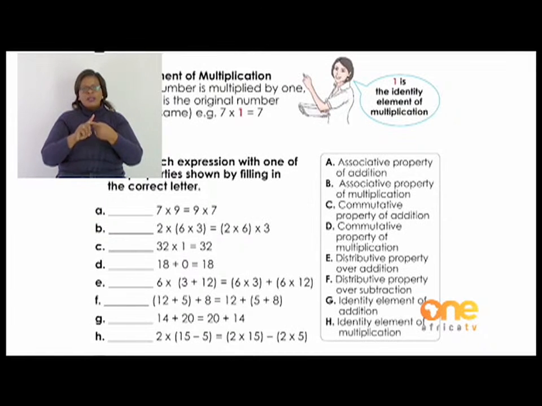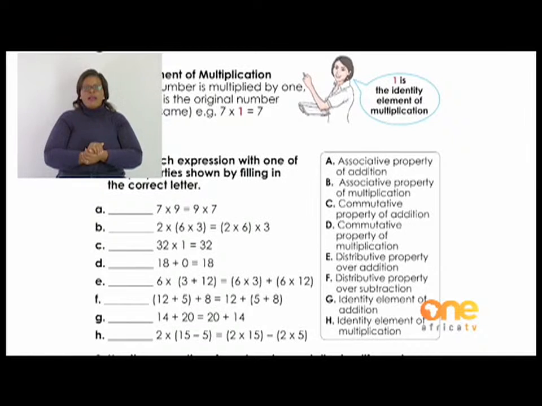When any number is multiplied by 1, the product is the original number, meaning it stays the same. If you just go through the sentence which I just read now, you can see that there is a word product.